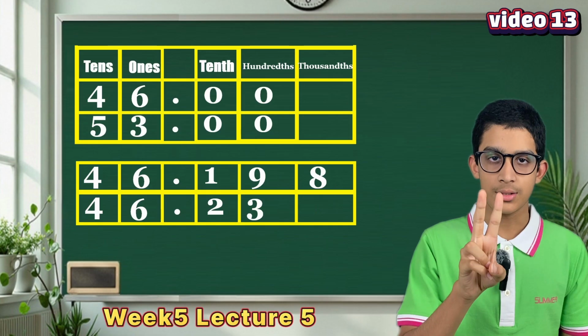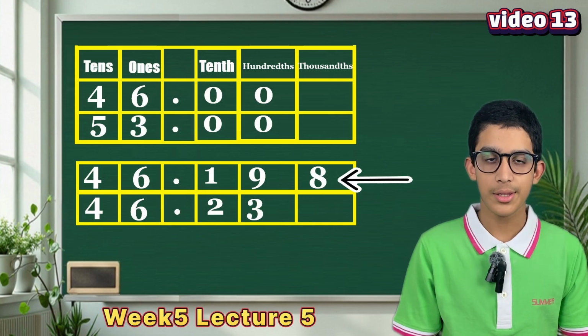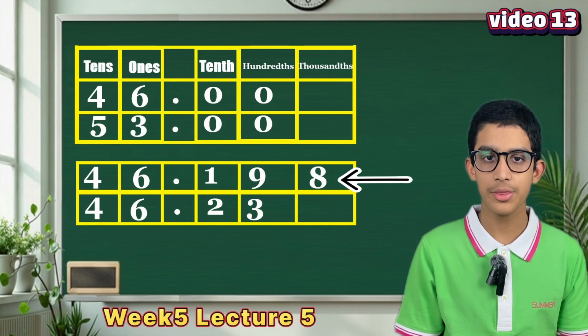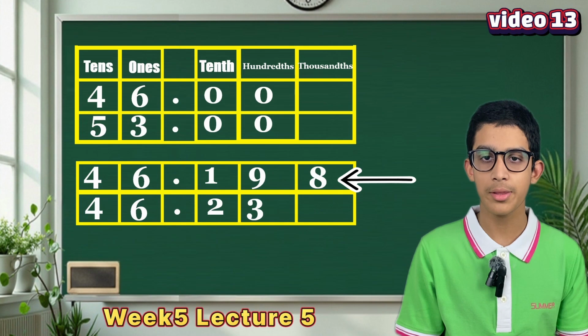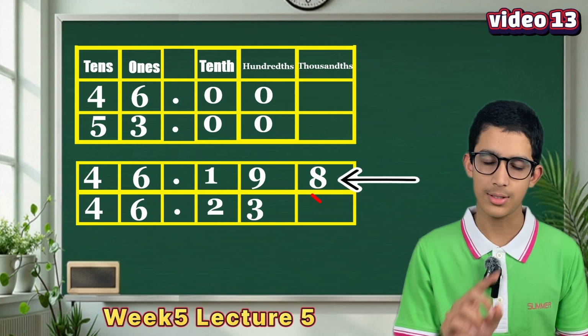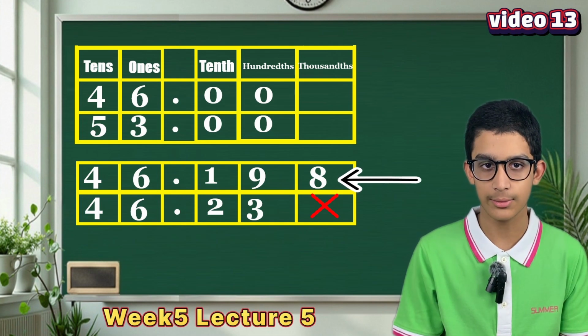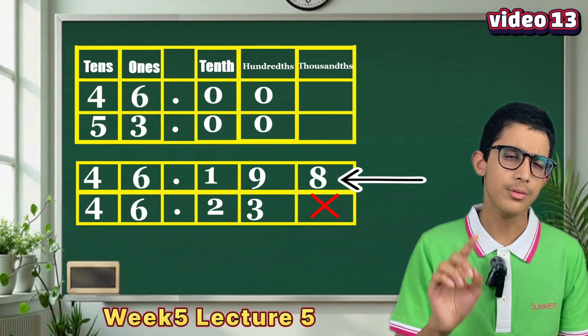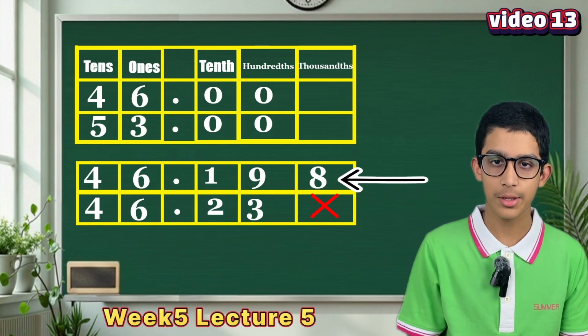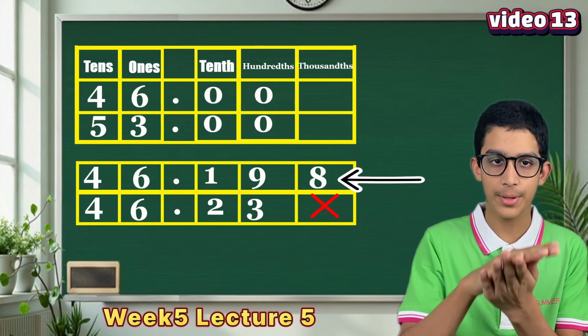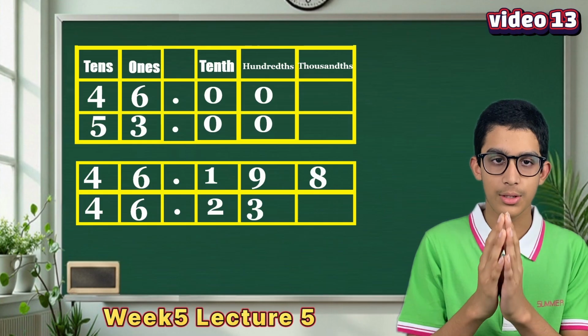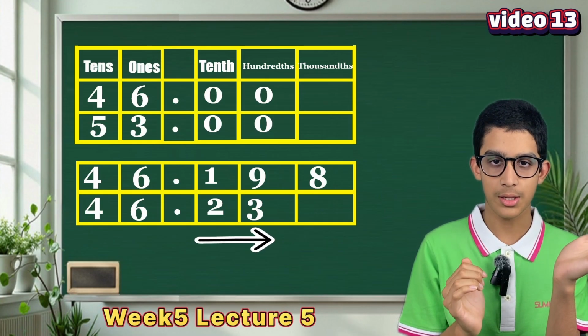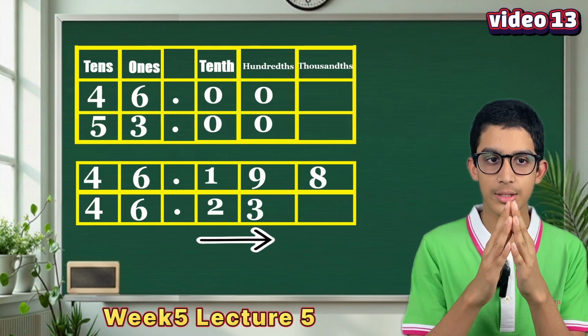In the second scenario, 46.198 has a thousandths value, whereas 46.23 does not have any thousandths value. So, do not think that 46.198 is the bigger number. The more we go right after the decimal, the less value we get.